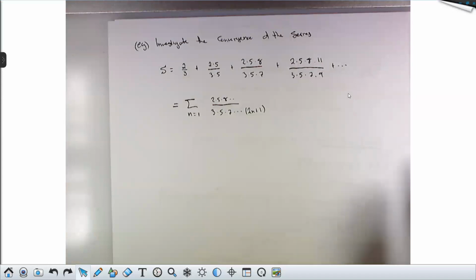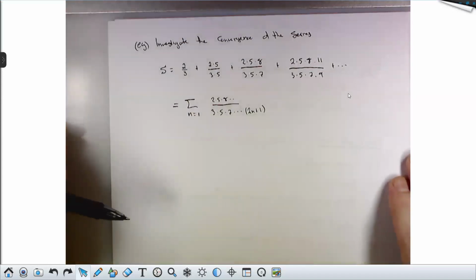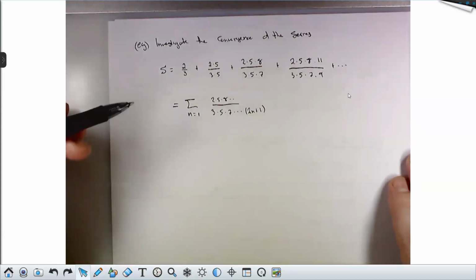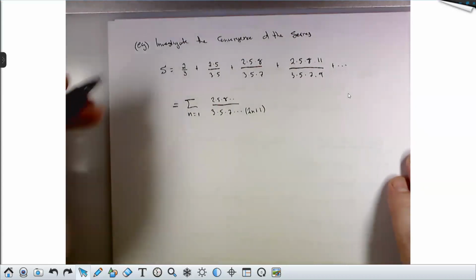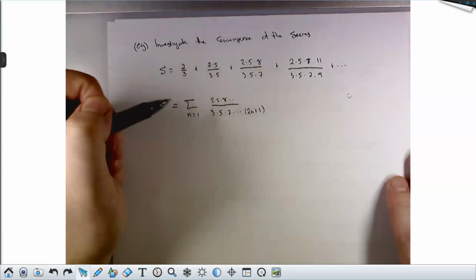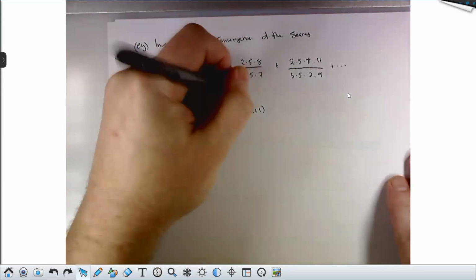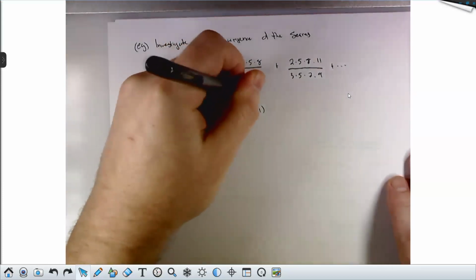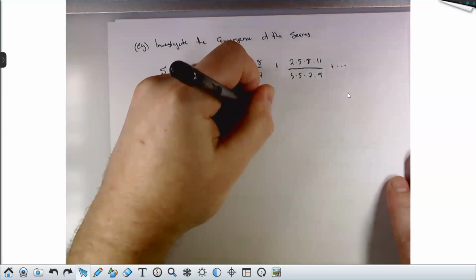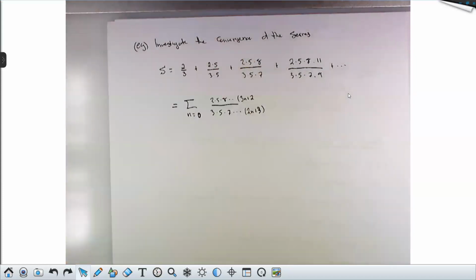But that would be starting at 0, 3n plus 2. Let me see. So I could start this like that. Yeah, let me do it like this. So we'll say that this is going out to 3n plus 2, and this is going out to 2n plus 3. I'll have to change this to a 3 then, and this to a 0. And now this works.